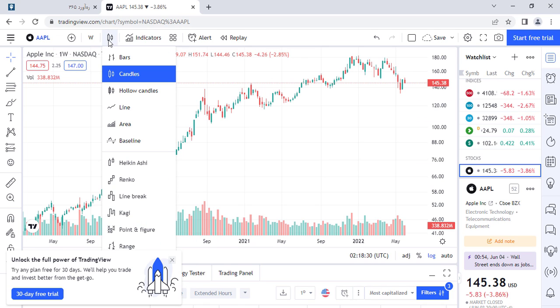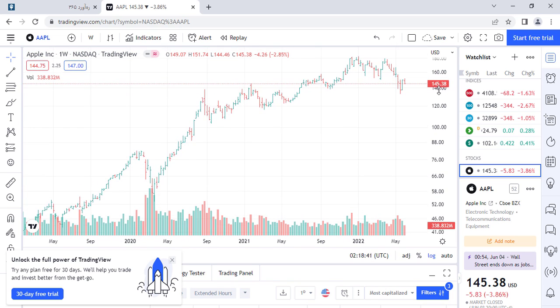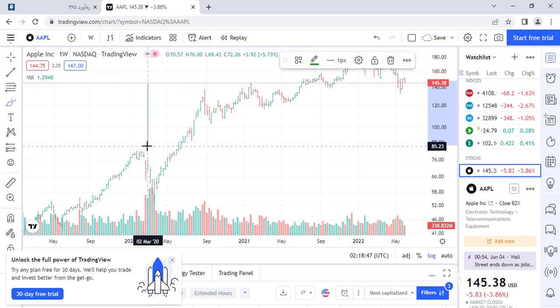Another type of chart that you may see in some cases, this is not very common, is the bar candle. In bar candles, we have three parts.